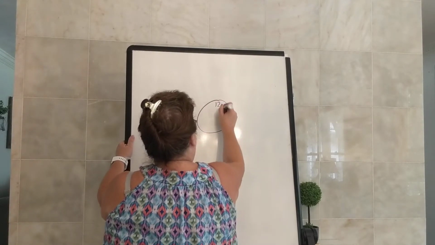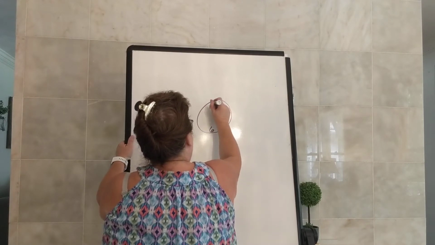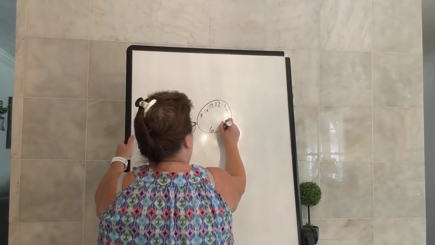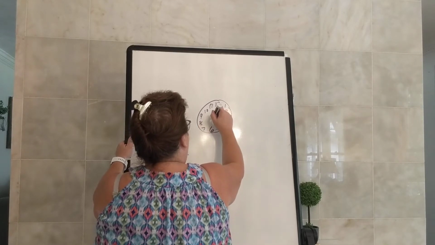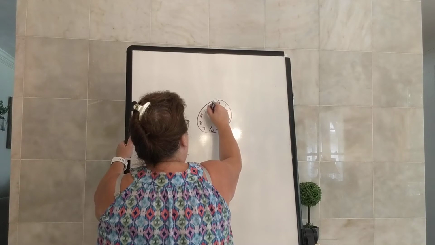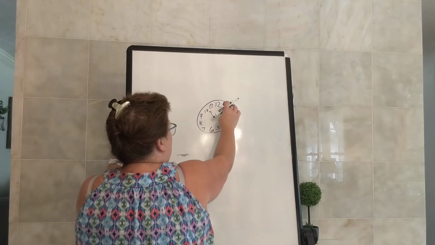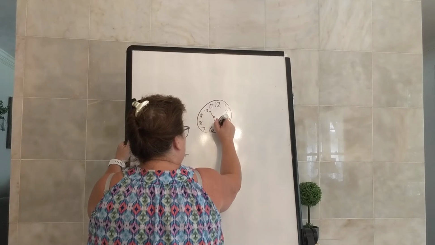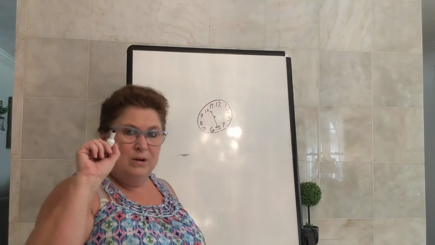So here's our 12, here's 6, here's 11 and 10 and 9, 1, 2, and 3, 4 and 5, 7 and 8. So our hour hand will be almost halfway in between the 10 and the 11. And then 27, the 5 would be 5, 10, 15, 20, 25, and we're going to have to go over just a little bit with our minute hand because we are talking about 27. So it would be 25, and then 26, 27, 10:27.